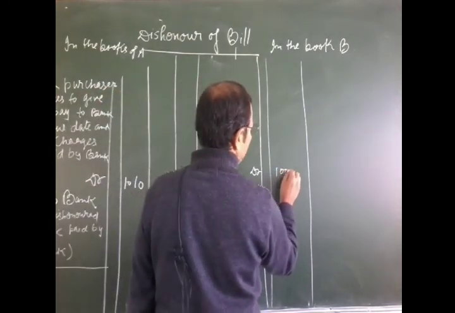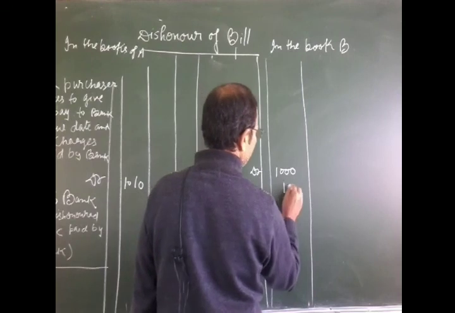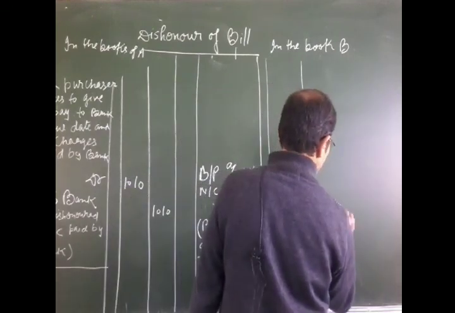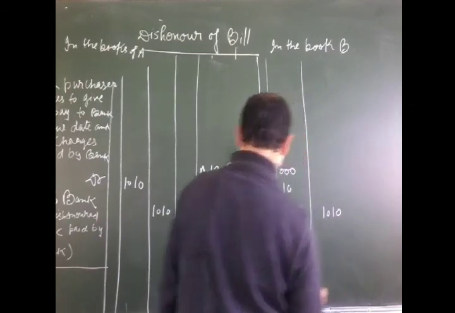Amount of the bill is 1000, the amount of noting charges is 10 rupees. So the amount would be here 1010.